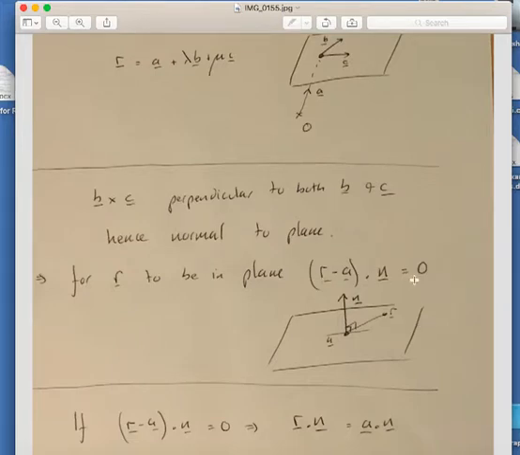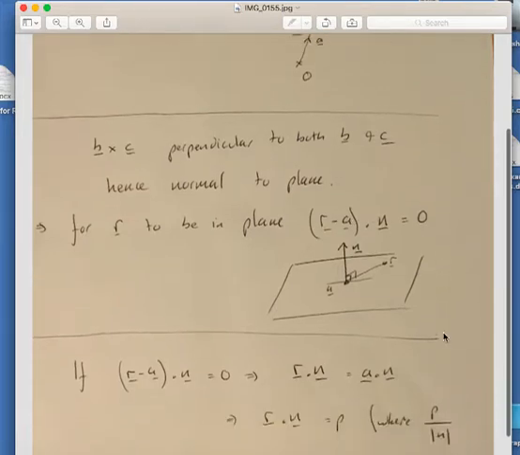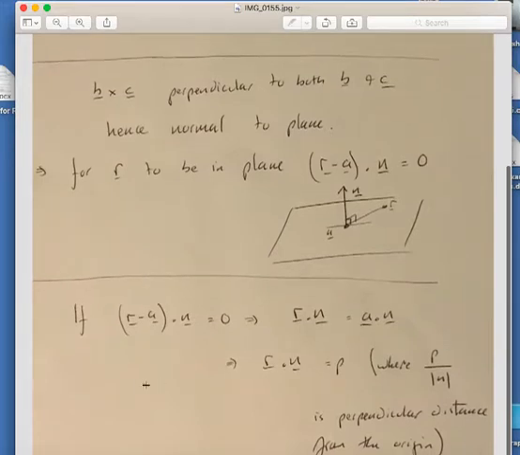Now the next way of dealing with it is if I multiply those two brackets out, this will become tidied up slightly. I get r dot n equals a dot n. Now a is a point in the plane which I know, and n is the normal vector to the plane which I know. So there's nothing to stop me from just dealing with this dot product here.